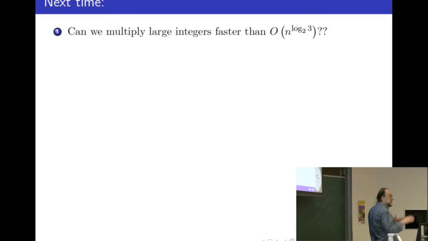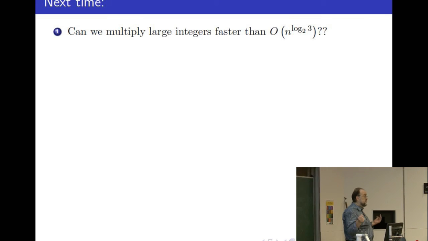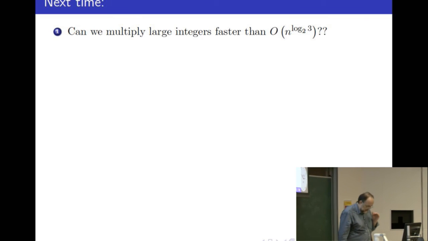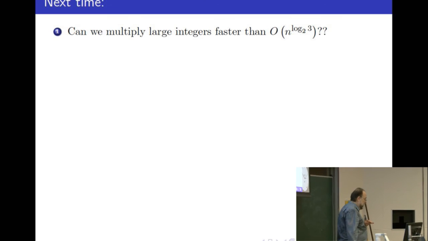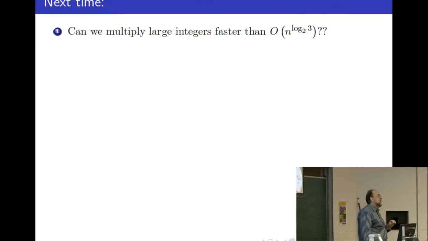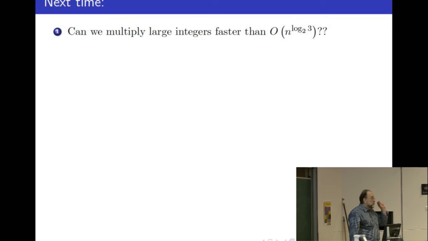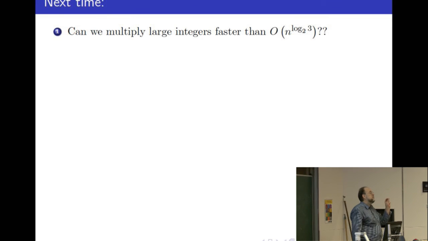But then maybe splitting it into four pieces would be even faster. And you will see something extremely informative: in a sense, you do get faster algorithms, but you also don't get faster algorithms.